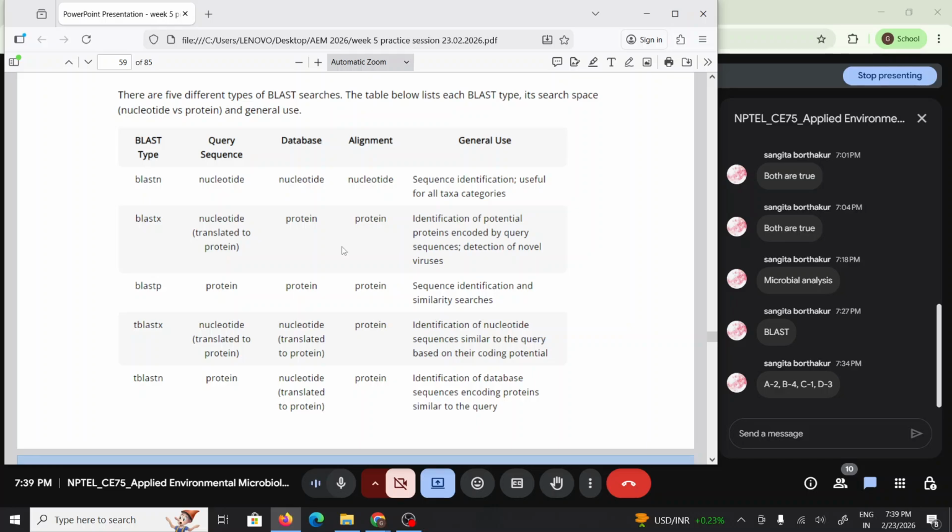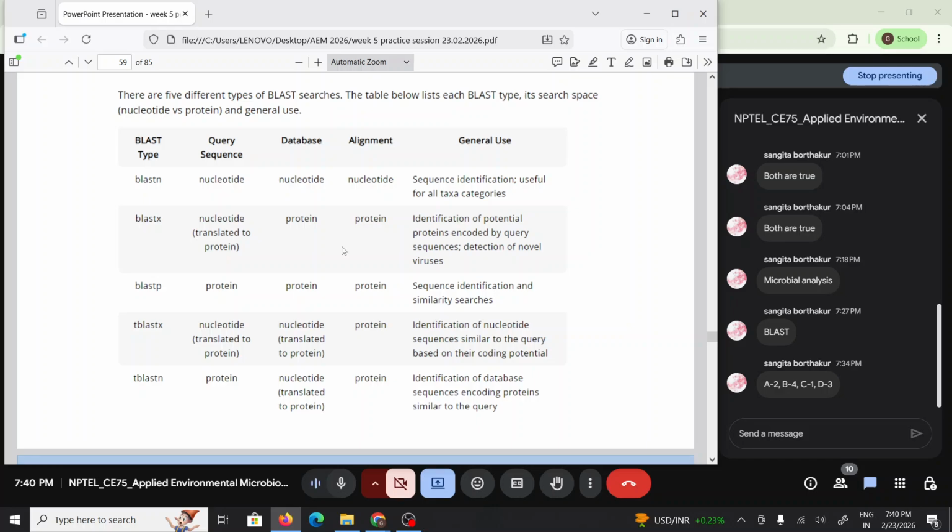The database also has nucleotide sequences, which are translated to protein data. So both these sequences will be converted to protein sequences, and whatever protein sequence we correspondingly get, these two will be aligned, and then you will get your result.